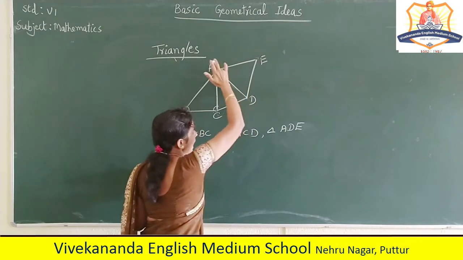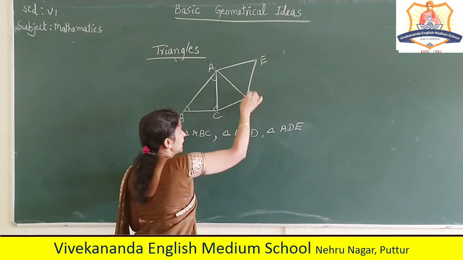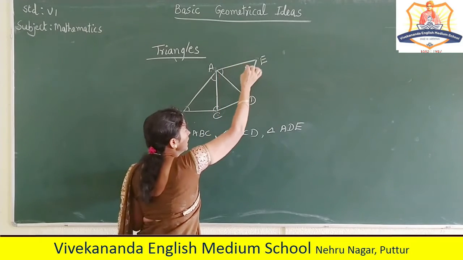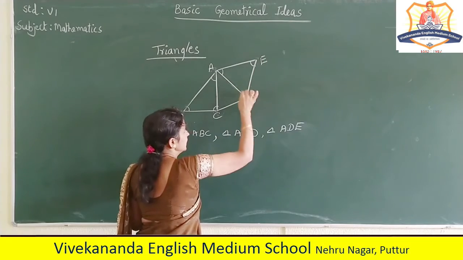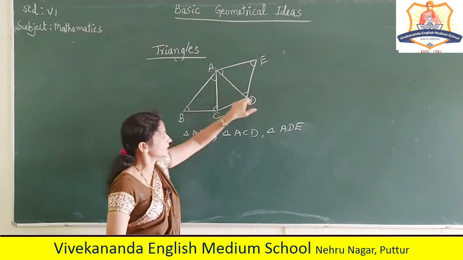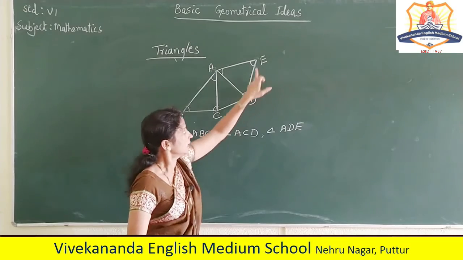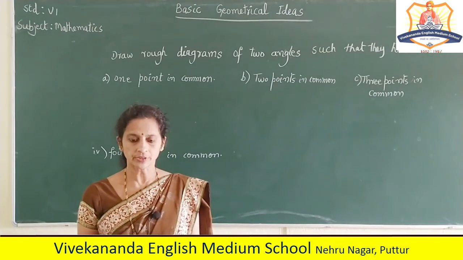AE, ED and AD are the 3 sides, and the 3 angles are angle DAE, angle AED and angle EDA. And the 3 vertices of this triangle are A, D and E.